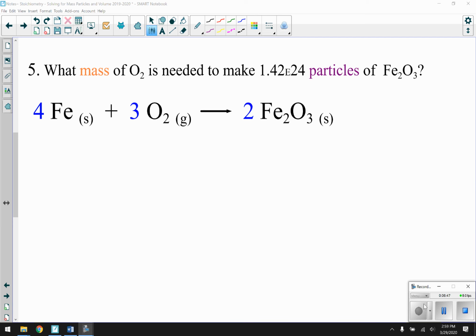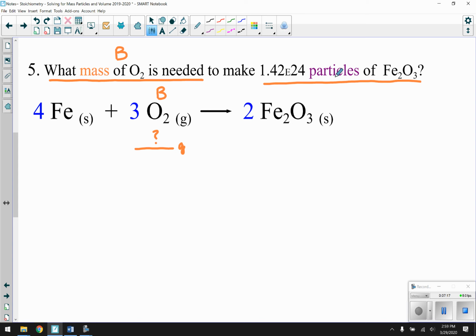What mass of oxygen is needed? Whenever I ask what or how many, what mass or what amount, that's going to be substance B. So I'm going to mark oxygen as substance B, and I want to know how many grams. Go on to make 1.42 times 10 to the 24th particles of Fe2O3.